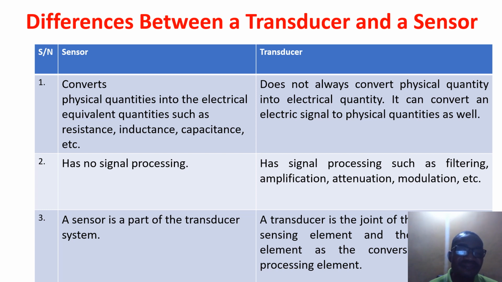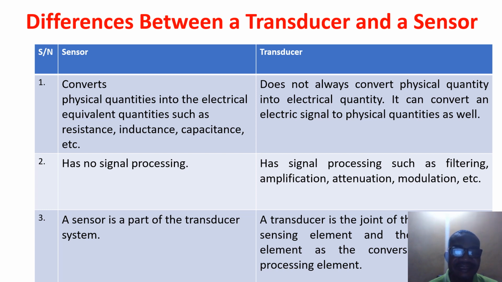Then two, a sensor has no signal processing function, while a transducer can perform signal processing, such as signal filtering, amplification, attenuation or modulation.